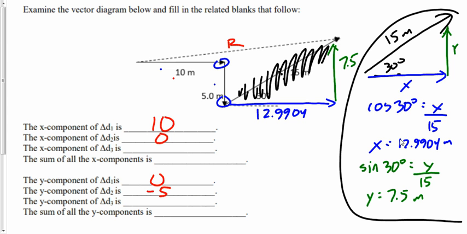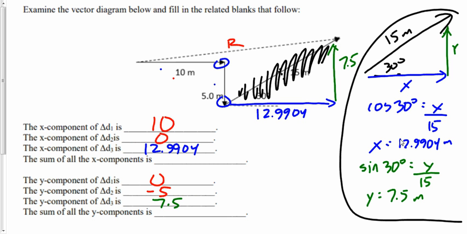What's the x component of the 15? 12.99. What's the y component of the 15? 7.5. We're never going to say 15 again, right? Why? Because it's dead to us.